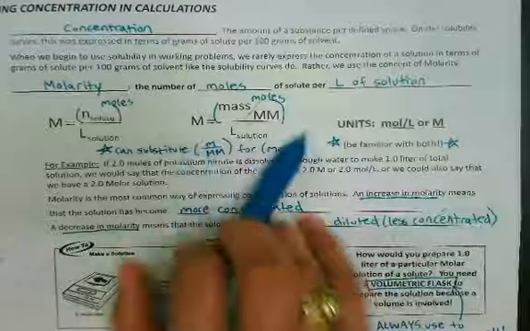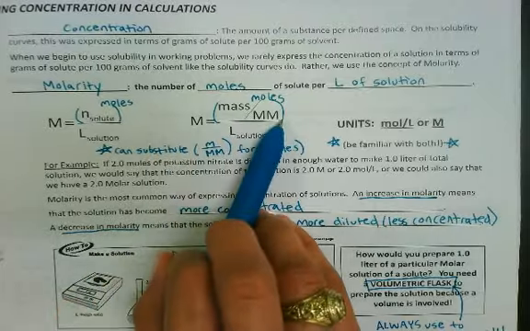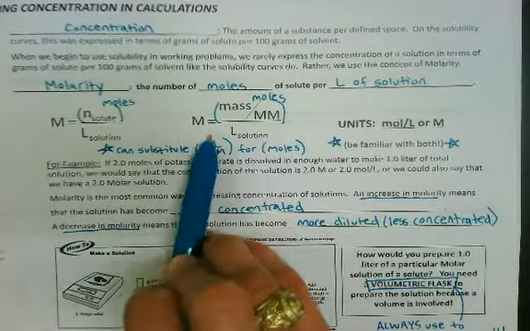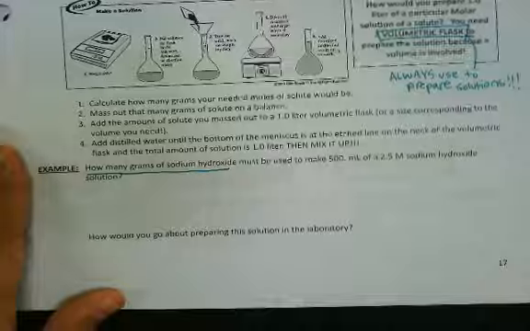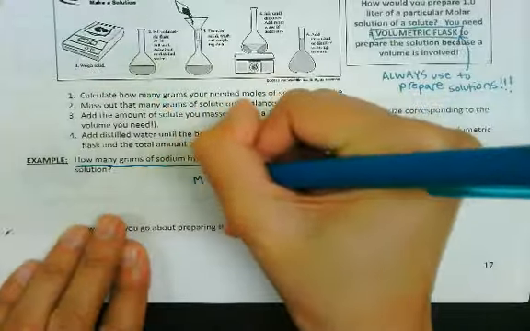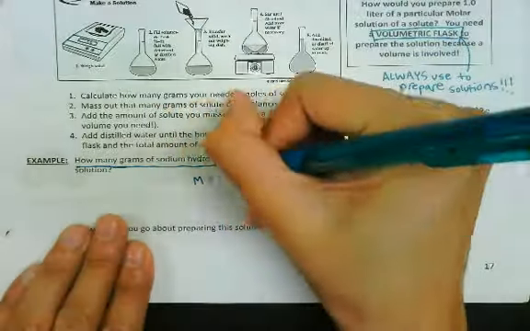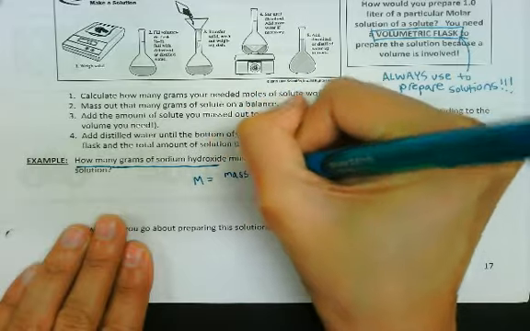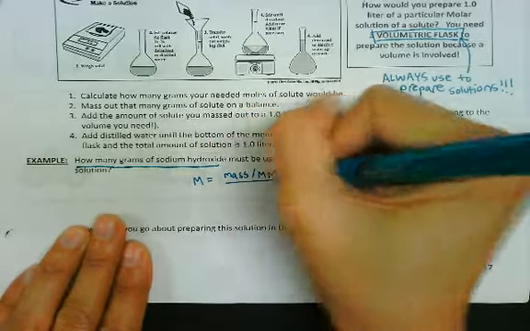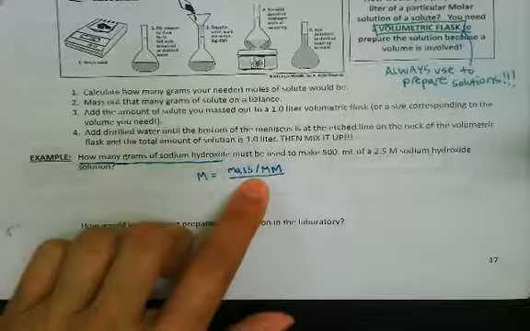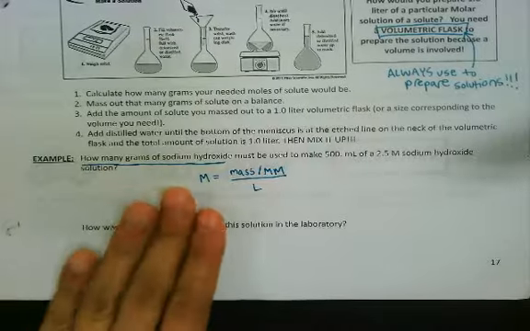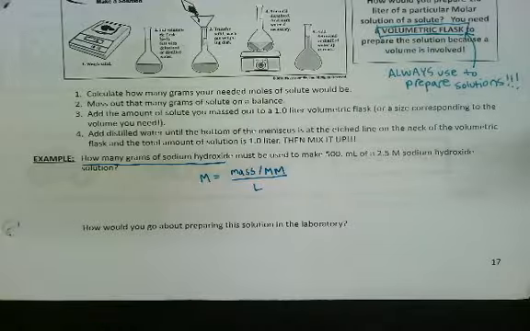I'm going to grab this equation, mass over molar mass, all divided by liters equals molarity, in order to figure out the mass that we would need. So down here, I'm going to write that molarity equals mass over molar mass over however many liters you have, okay? It's important that your volume is in liters for molarity.